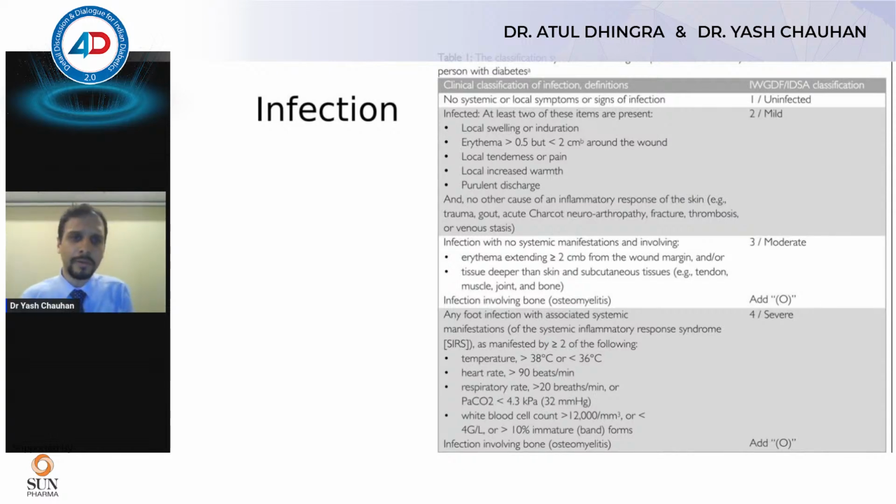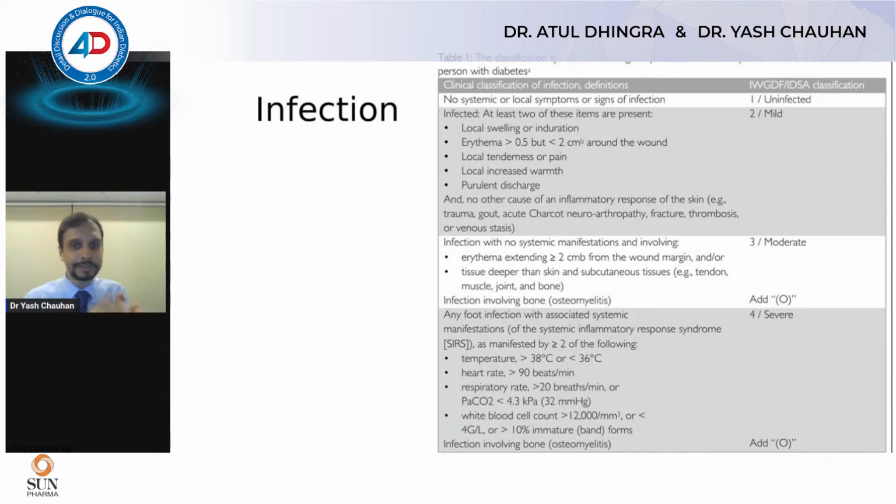Obviously, there are a few more classifications such as the SINBAD classification, but let's come to the more clinically important ones. This is the IWGDF classification for an infection. It's important to examine a wound and get as much clue of an infection as we can by examining it.